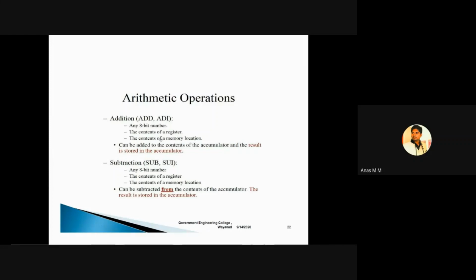There are three options we can use for addition: ADD with an 8-bit value, ADD with a register, or ADD M. If you use any combination of 8-bit number, register or memory location, anything will work for arithmetic operations like addition and subtraction.